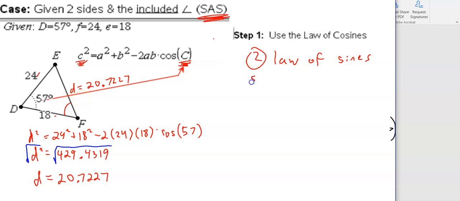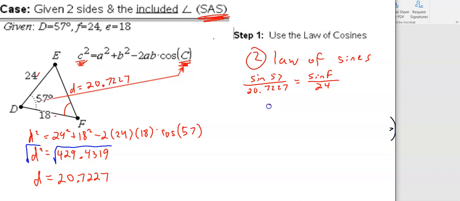So this will be sine of 57 over 20.7227 equals sine of F over 24. Go ahead and cross multiply and solve.